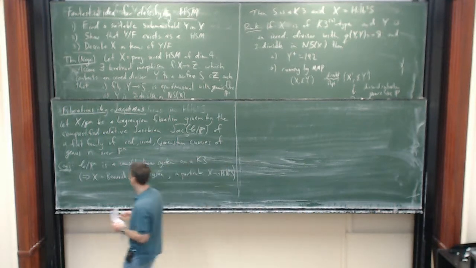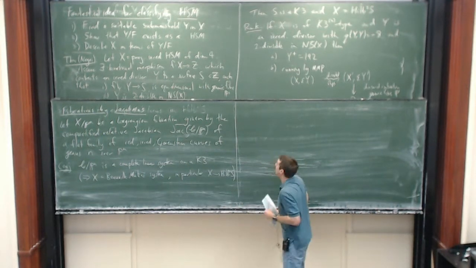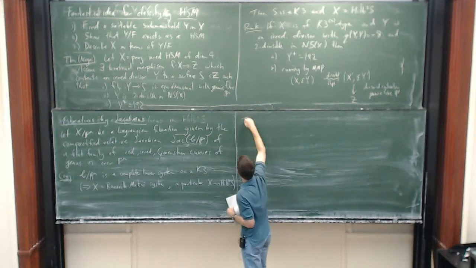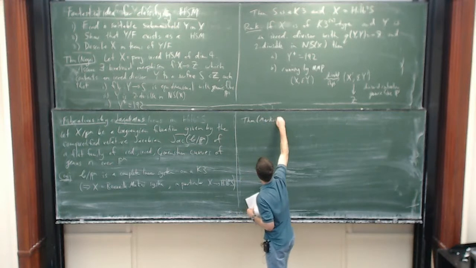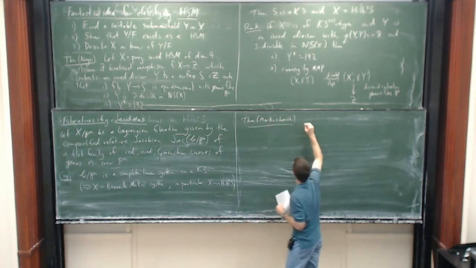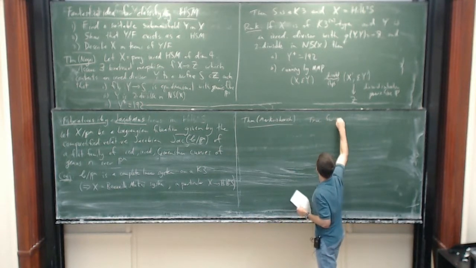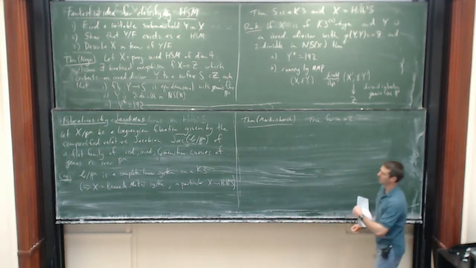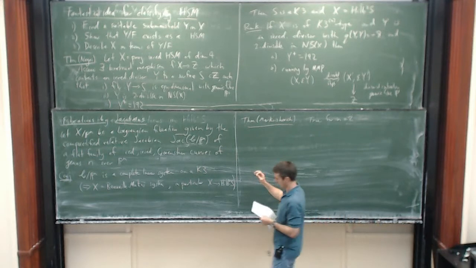Okay, so this was first investigated by Markushevich, and he showed that this is true for n equals 2. So you have a family of two-dimensional Jacobians over P2, and then they have to lie on a K3.